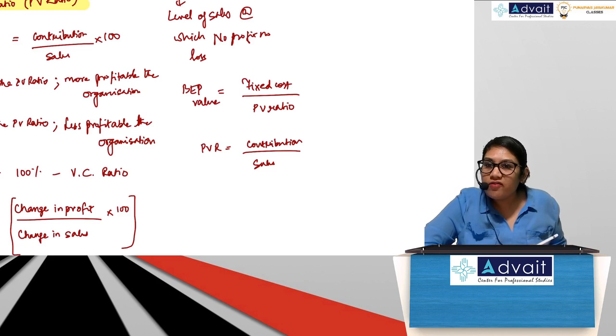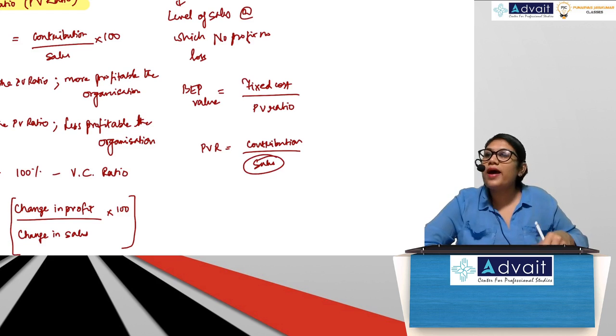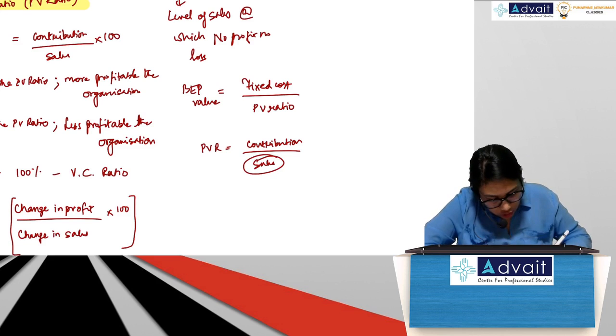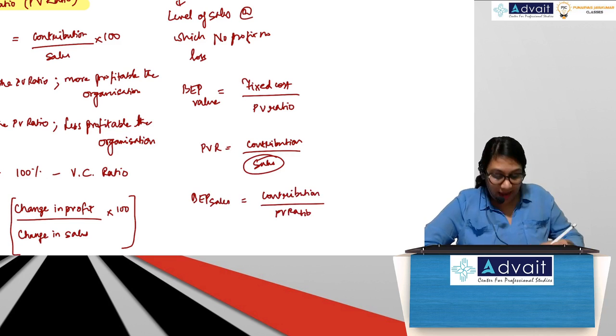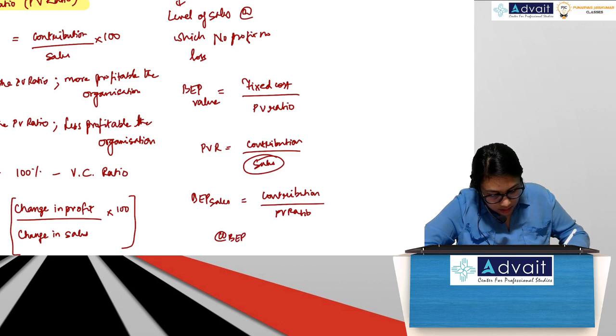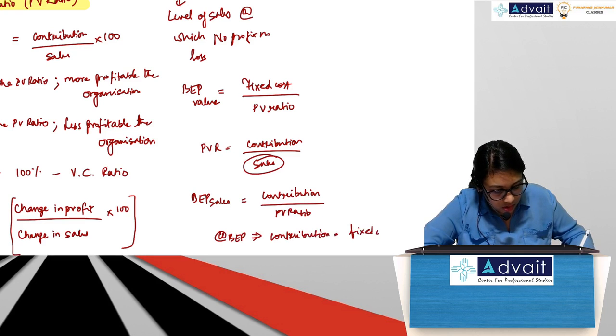Now I need level of sales at BEP. So let's assume this is my sales value at BEP. So BEP sales will be what? Contribution by PV ratio. But at BEP, contribution will be equal to fixed cost.